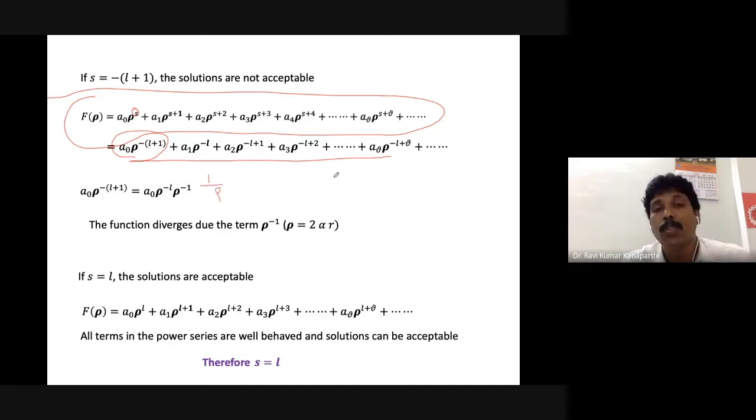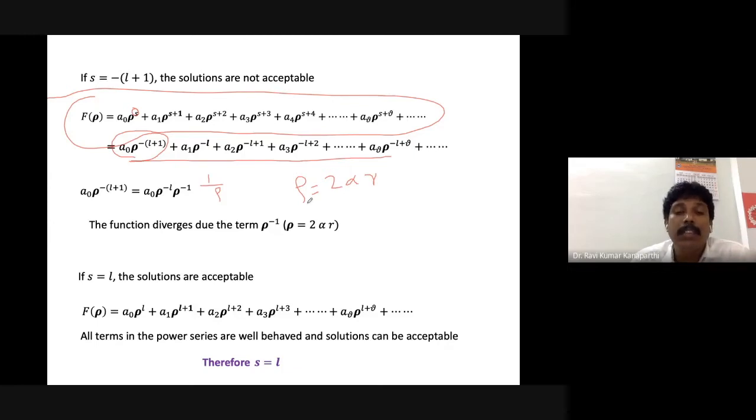What is rho? Rho is nothing but 2 alpha times R. Suppose you are very close to the nucleus, what will be the value of the function? The function basically diverges, as it is inversely proportional.